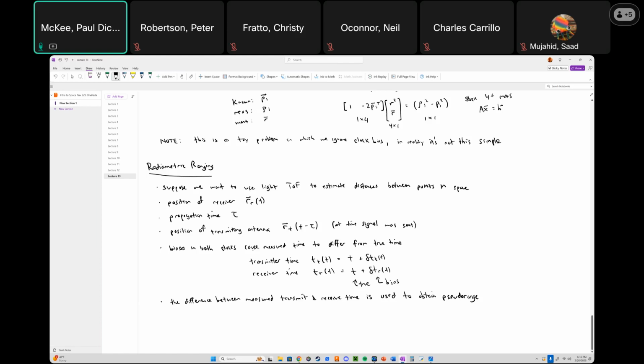Because we're not directly measuring range, we're measuring pseudorange. You'll see the difference in a second. So range, which is a function of time, is the speed of light times the difference: tR of t minus tT of t minus tau. Now, even then, this is the speed of light, which is not as simple as you think.